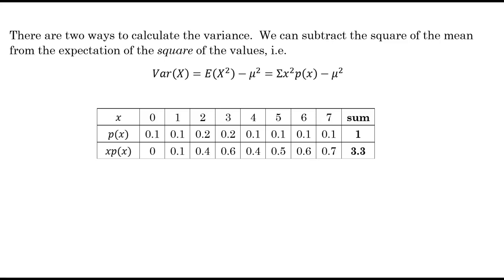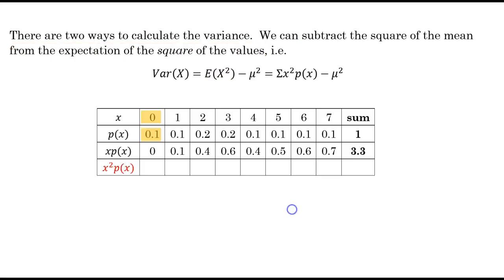I add all of those products together, the product of the square of the value and its probability, and from that sum I subtract the square of the mean. That's what these expressions here tell us: the sum of the square of the values multiplied by its probability minus the square of the mean. That's one way to do it, and that's the way that I find mostly to be the most efficient.